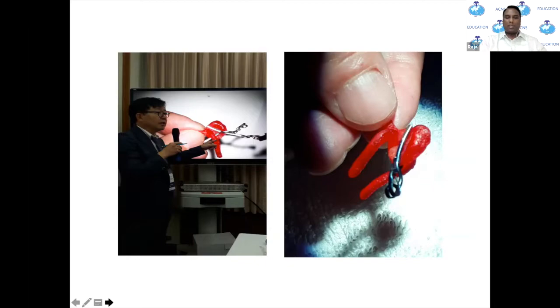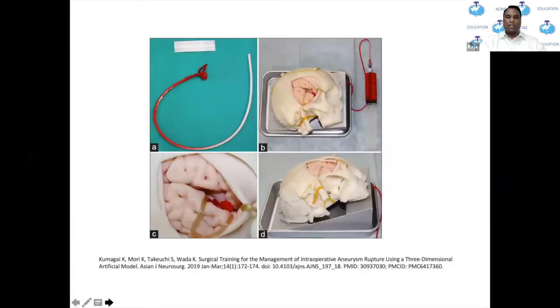Here he is describing his line of closure in MCA aneurysms. And in Japan, the Caslex company has come out with ruptured aneurysm models. Professor Mori's group has presented this in the AJNS, and each model costs around $1,000, and it is a very good tool to learn.